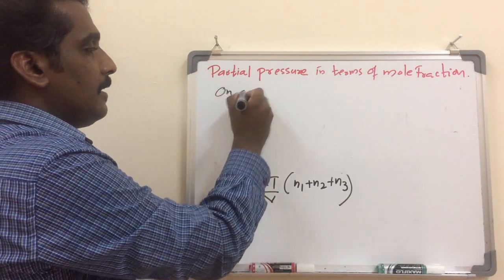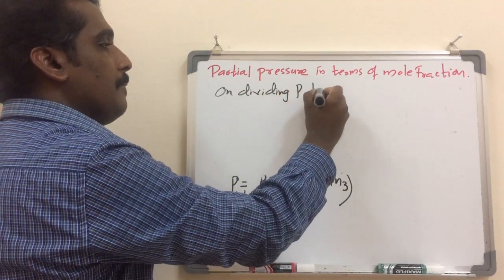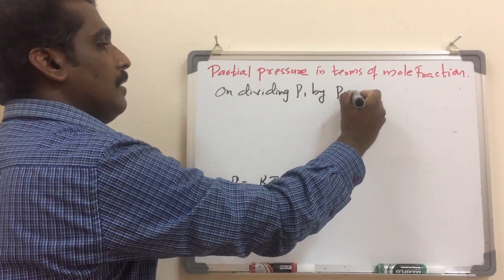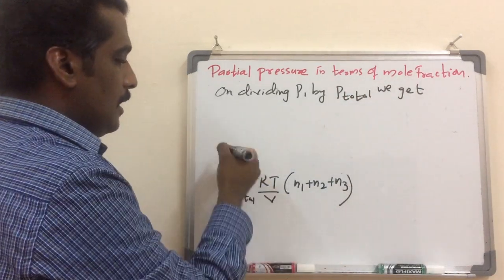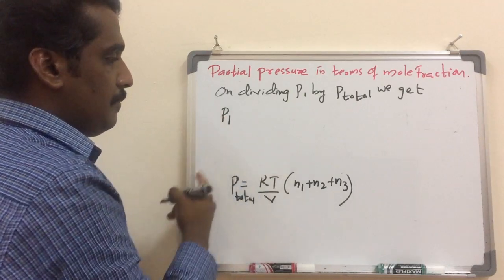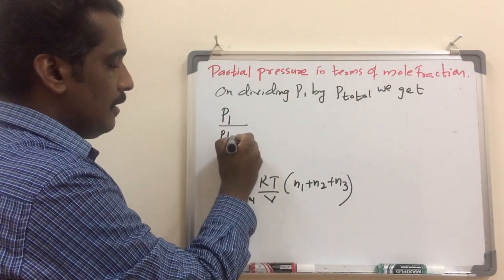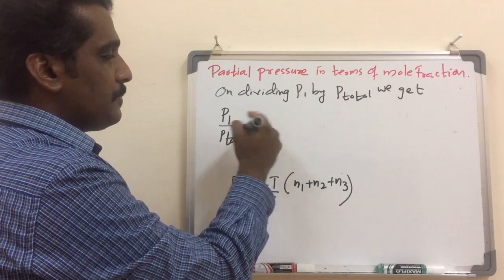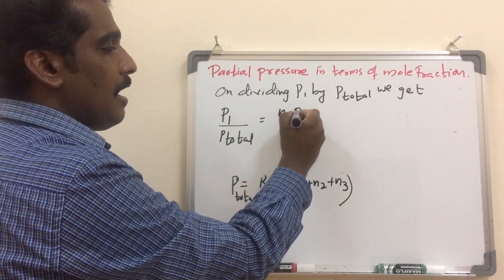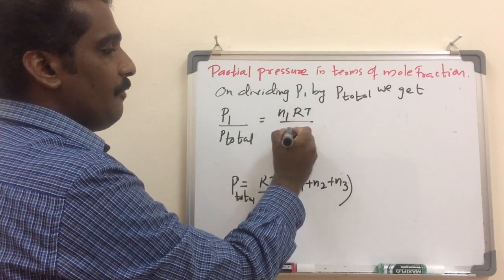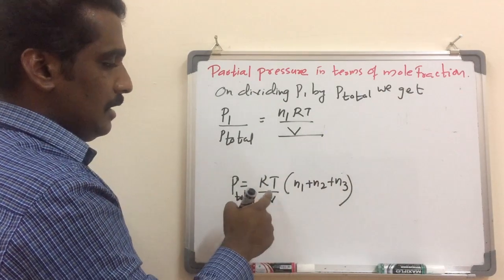Divide P1 by P total. On dividing P1 by P total, what do we get? P1, the partial pressure of the first gas, divided by P total. What is the partial pressure of the first gas? N1 RT by V. Then what is P total?